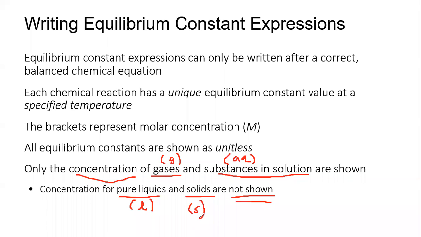Now for homogeneous equilibrium, where they're all the same phase, they're all either going to be all gases or all aqueous. So those you don't have to worry about. It's the heterogeneous equilibrium, where there are different phases, that you need to watch out for if you see any liquids or solids. Those are not included in the equilibrium expression.